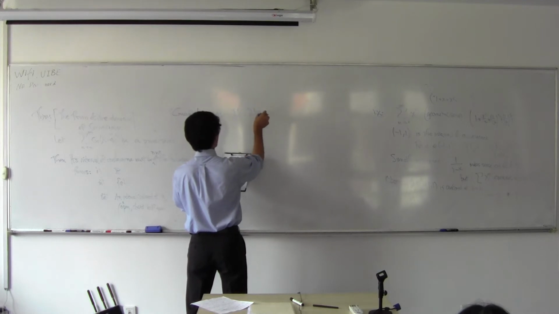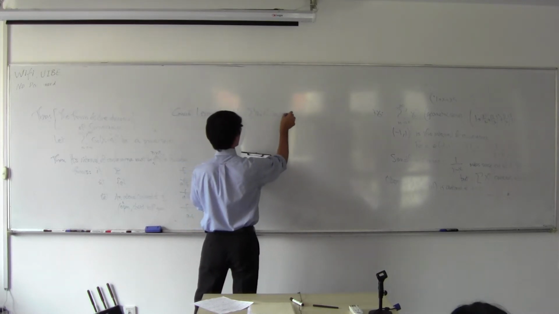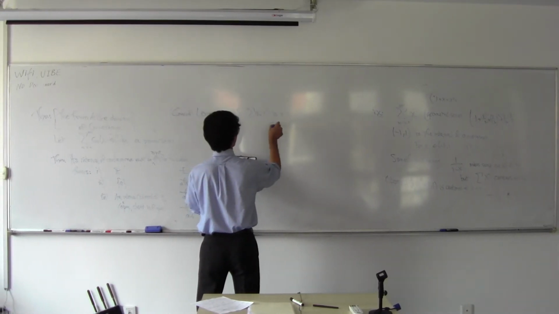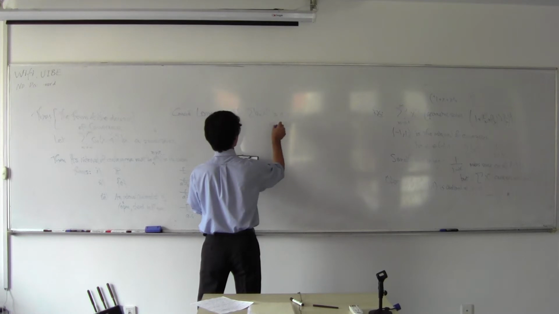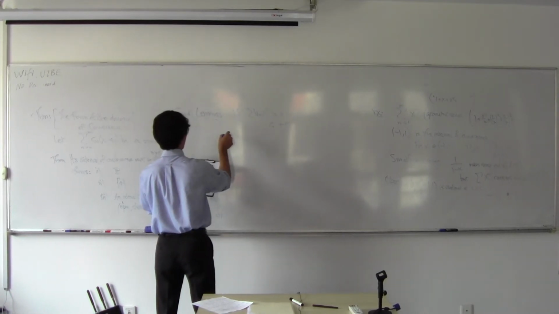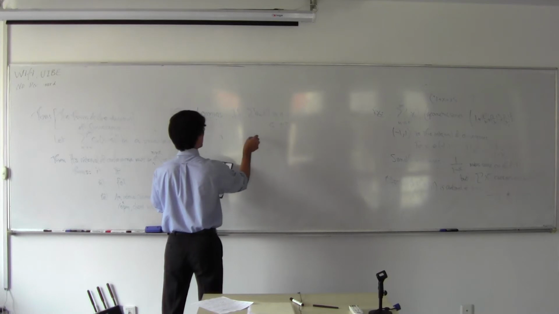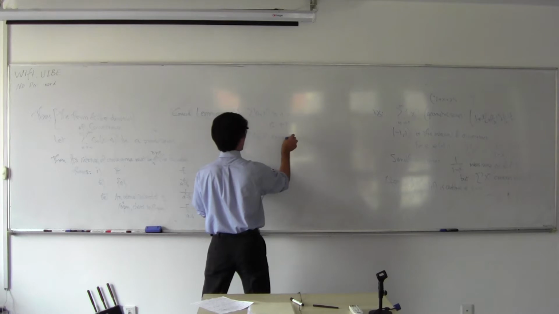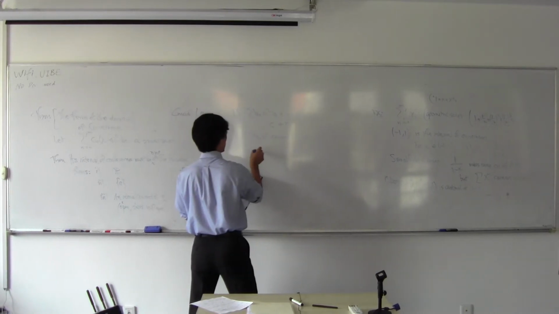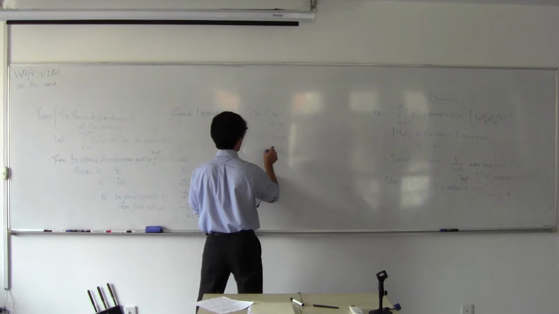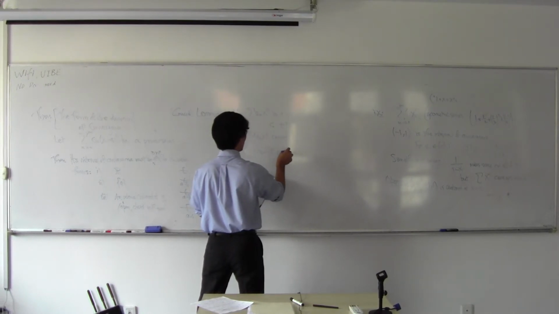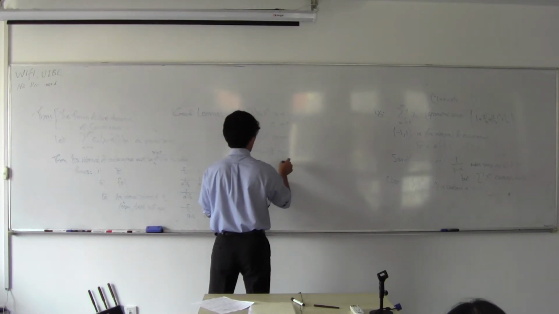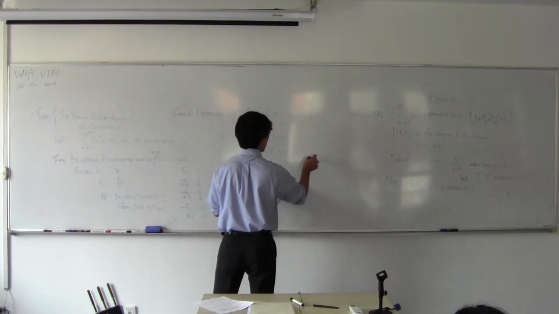If the summation of a sub n x to the n is a power series, and c is not equal to 0, if the series converges at c, then it converges absolutely in x minus c.